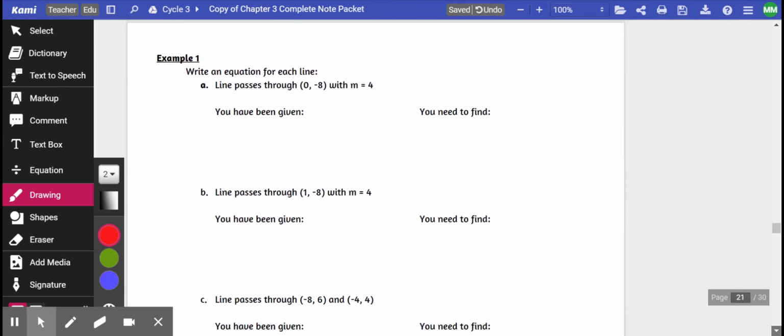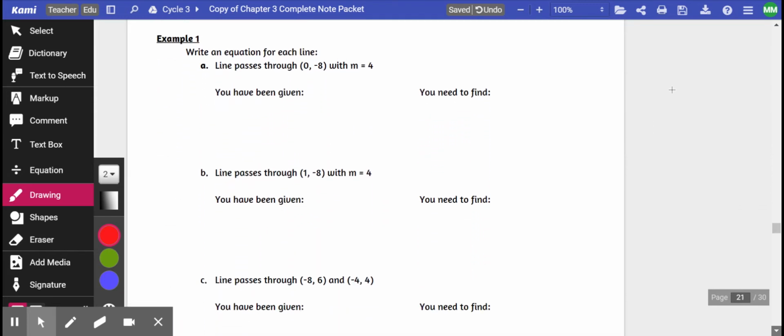Okay, let's go ahead and start with example 1. This one says to write an equation for each line. This one says that the line passes through (0, -8) and has m equal to 4.